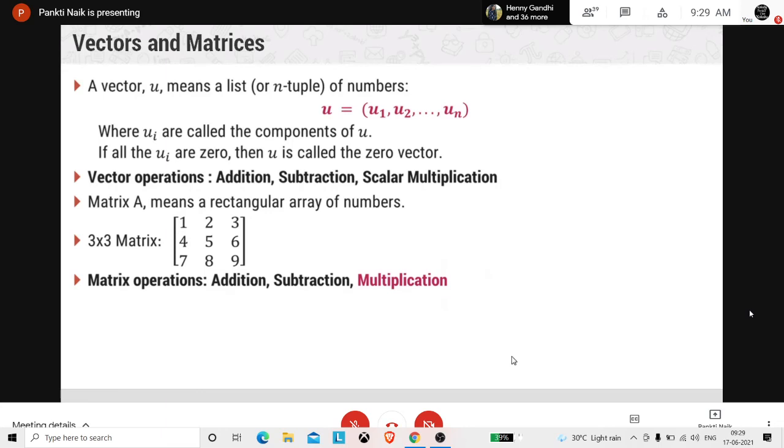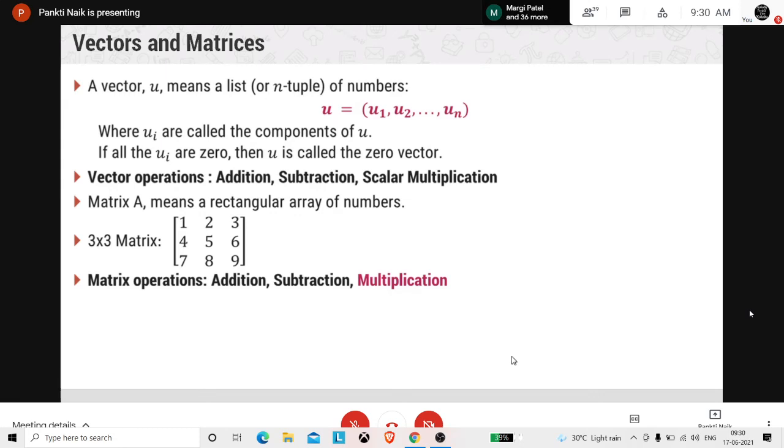Now next is vectors and matrices. Now what is a vector? A vector u means a list of numbers, or a list of n-tuples. So u = (u1, u2, u3, up to un), where the ui are called the components of u.